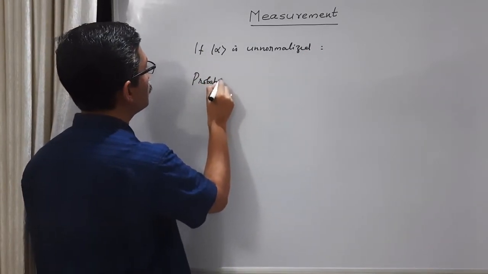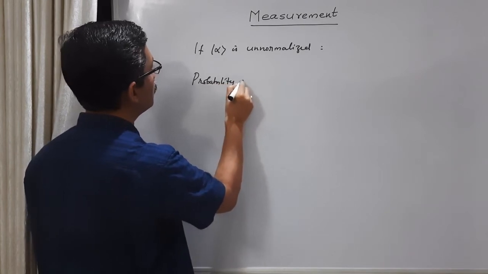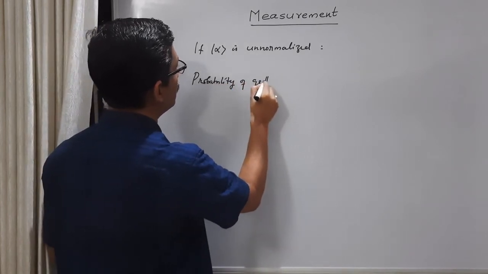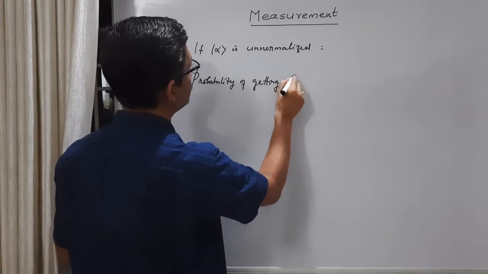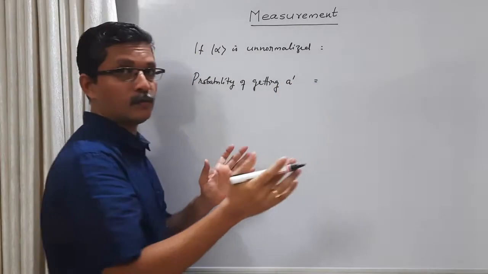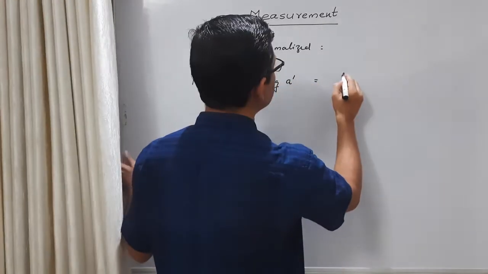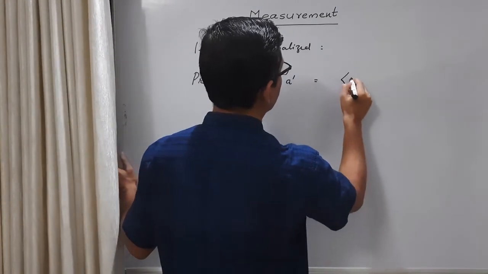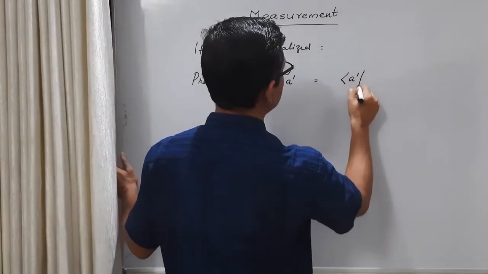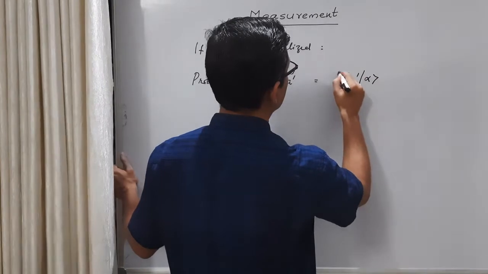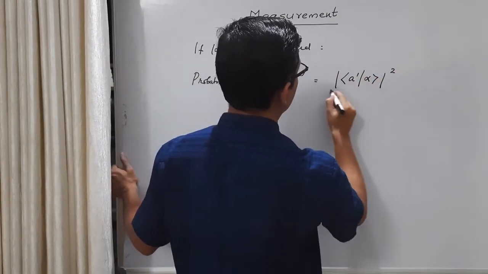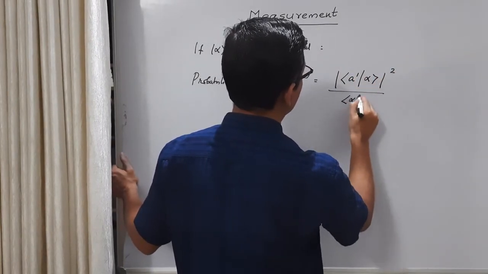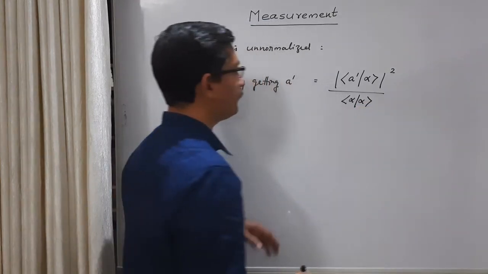the probability of getting A prime as the result of an individual measurement is, we can write like this: A prime alpha square divided by this.